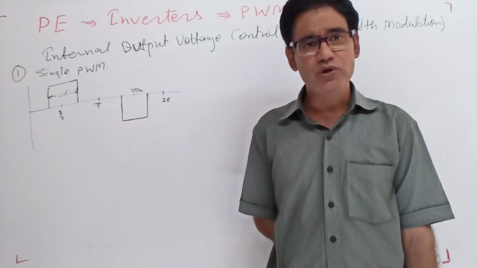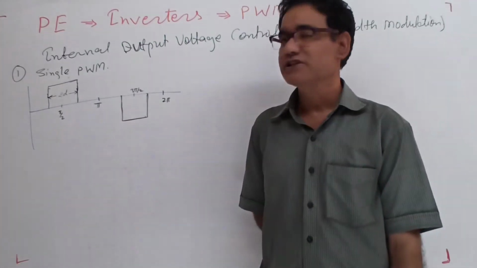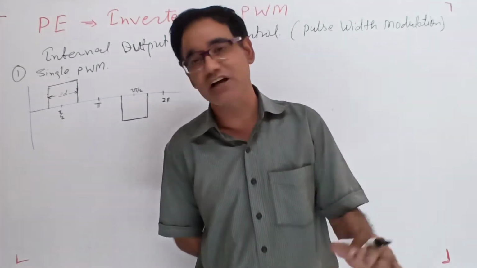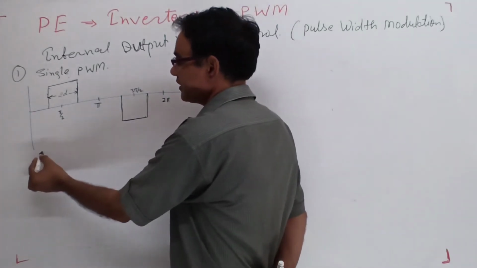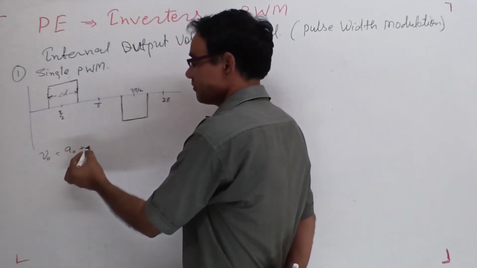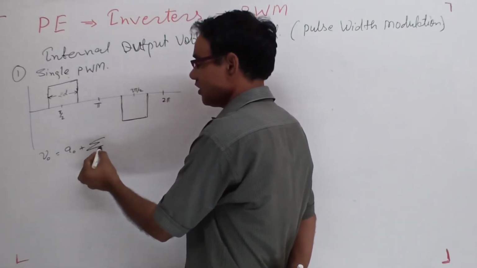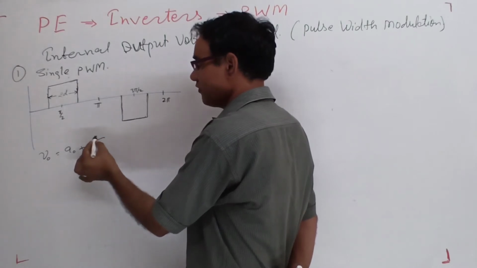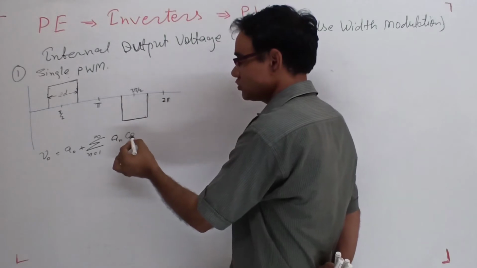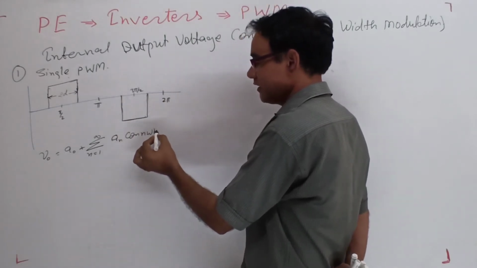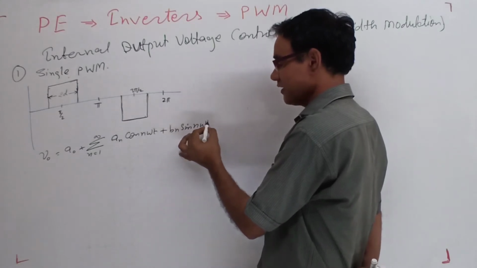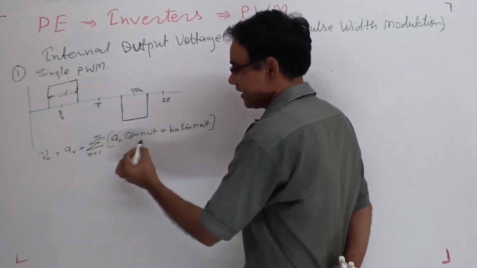We want to find out the total voltage, so we have to take the Fourier series analysis. In the Fourier series analysis, the output voltage is A naught plus the summation from n equals 1 to infinity of an cos of n omega t plus bn sin of n omega t. This is the voltage.